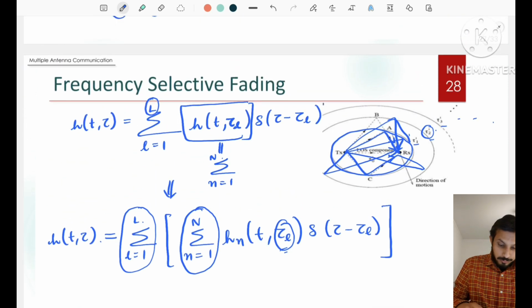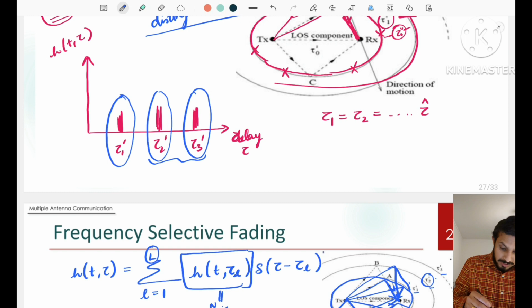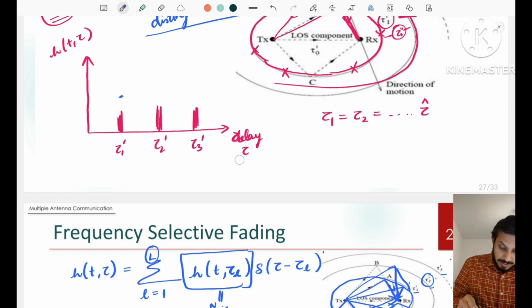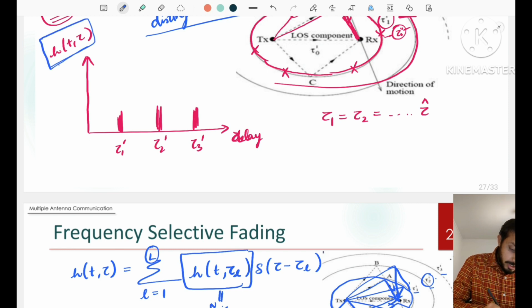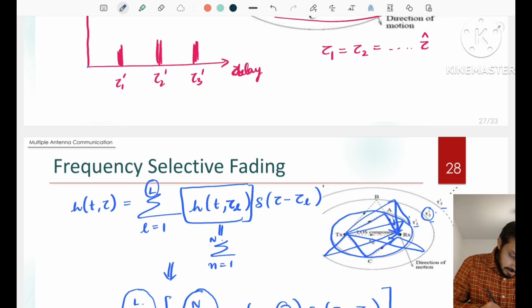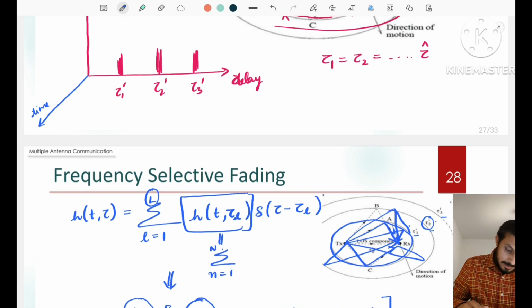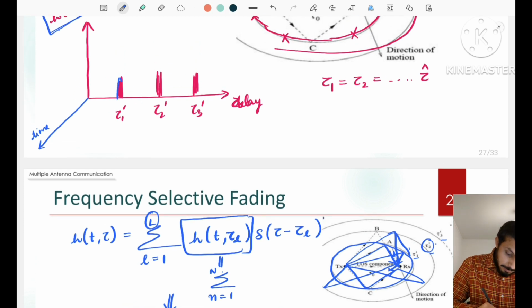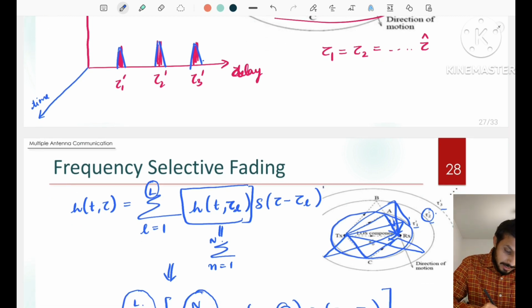And now if we want to visualize it further, what we have studied in flat fading is that this h(t, tau) is not only a function of delay, but it also fluctuates with time. So let's say this is the time axis and this is the impulse received at the receiver at different taus, different delays, and this will also fluctuate with time.